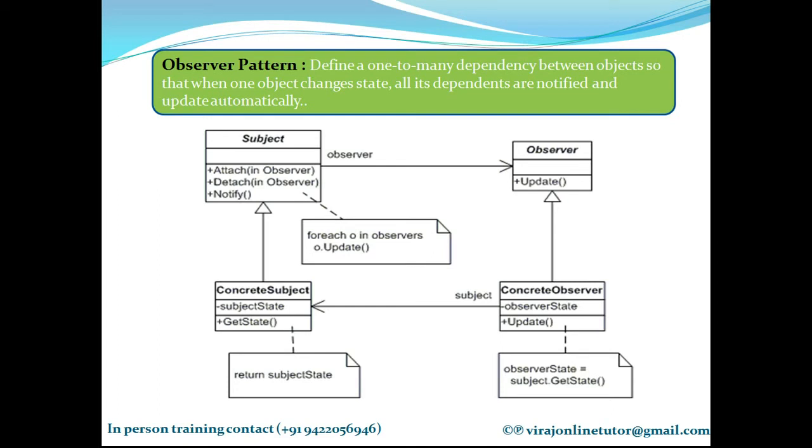Observers will query the subject to synchronize their state with the subject state. So the subject is going to have a state associated, and observers are going to poll or request the subject, query the subject, to synchronize their state with the subject's state.